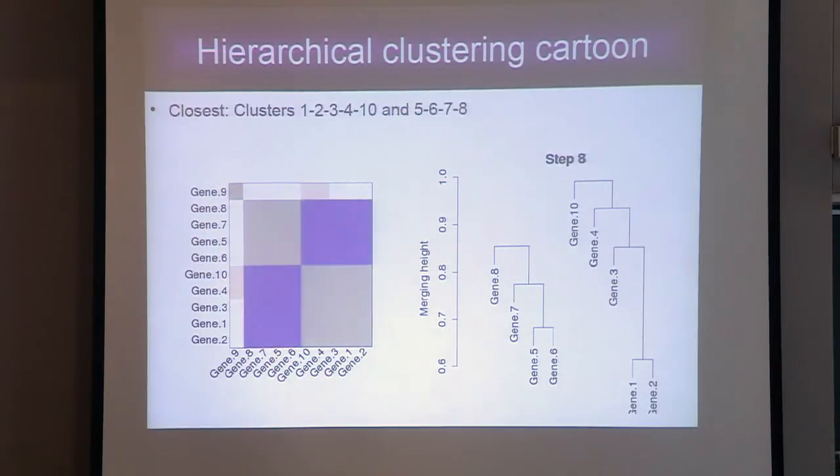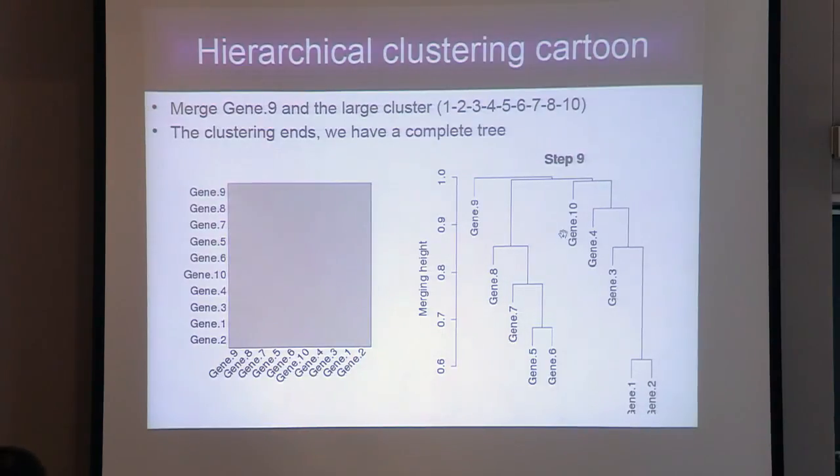And then the next one is actually these two composite objects, which are now the closest two objects. So we merge them. We add this merge between them. And the last merge is then gene 9. Okay, so here the clustering ends. We have a complete tree, complete in the sense that all objects are already on the tree.